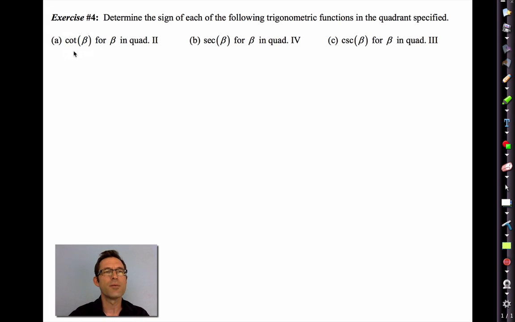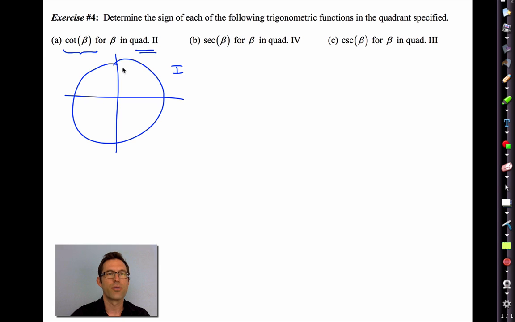So let's think about cotangent of beta in quadrant 2, right? So remember, unit circle, quadrant 1, quadrant 2, quadrant 3, quadrant 4. So if I have an angle that terminates in the second quadrant, will cotangent be positive or negative?